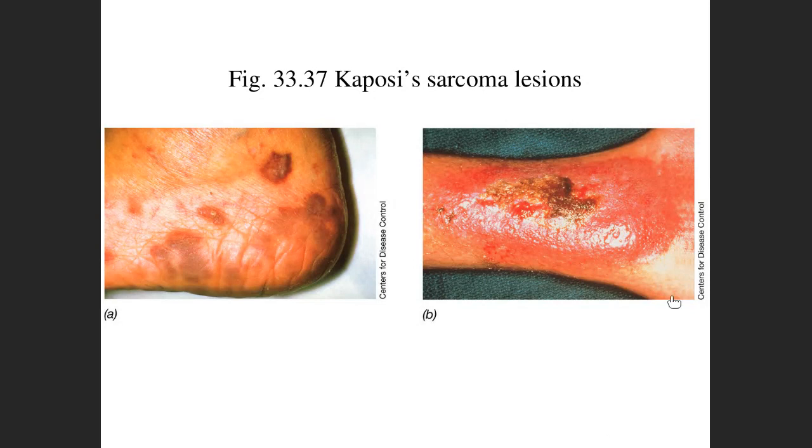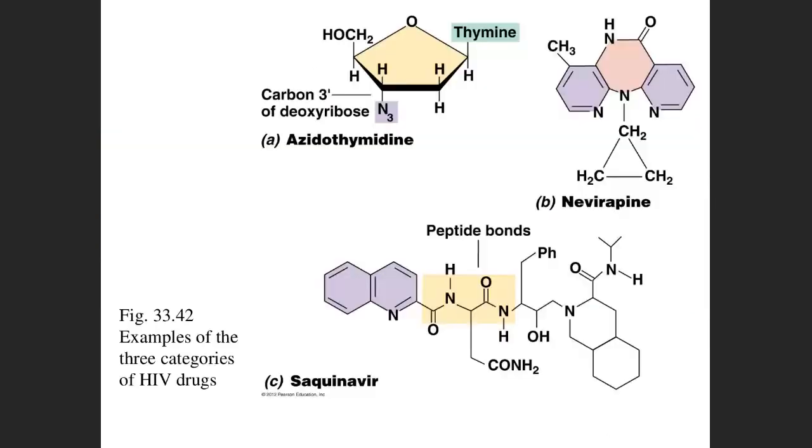Okay, and there are some treatments. At this point, there are some different categories of drugs that can be used to contain the virus. Right now, these drugs are pretty effective at blocking the virus from mass producing, so you can keep the viral level at a very, very low level.